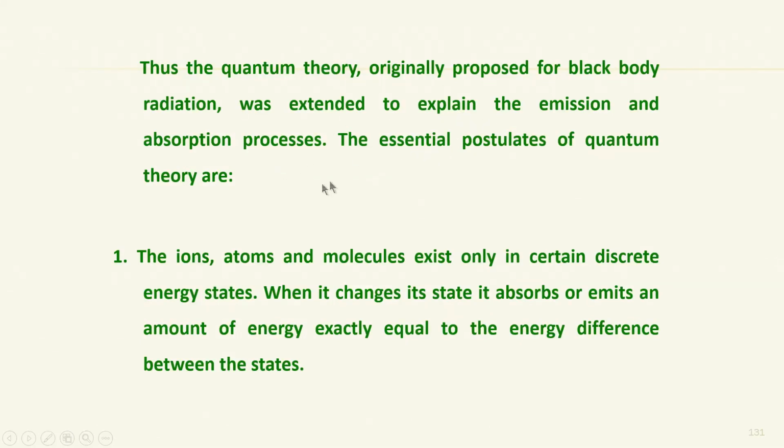The essential postulates are like this: ions, atoms and molecules exist only in certain discrete energy states. So, when one changes its state, it absorbs or emits an amount of energy exactly equal to the energy difference between the two states. This is one postulate.